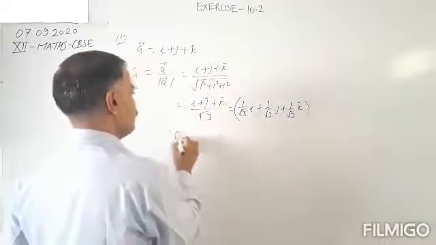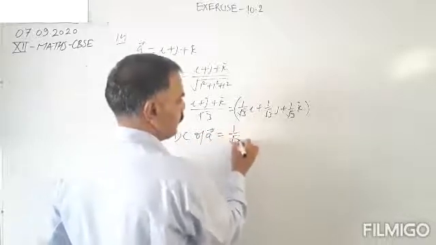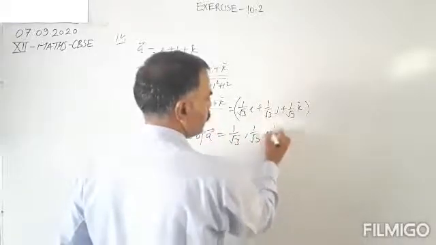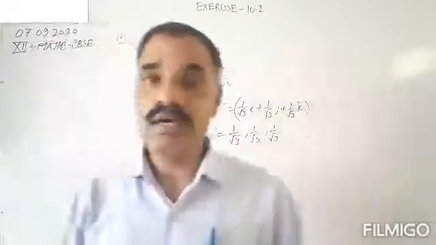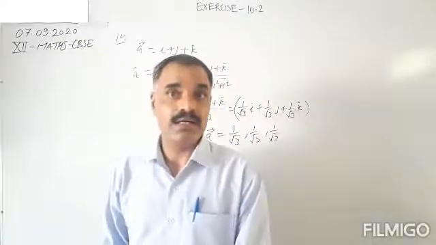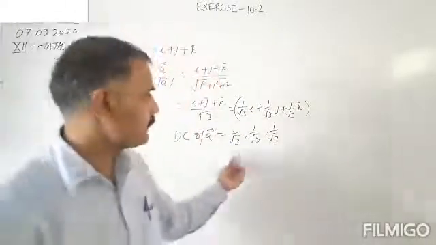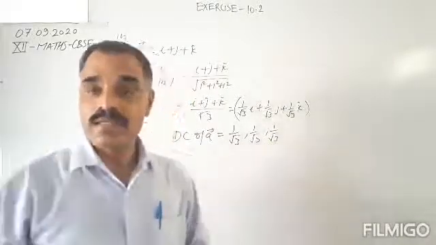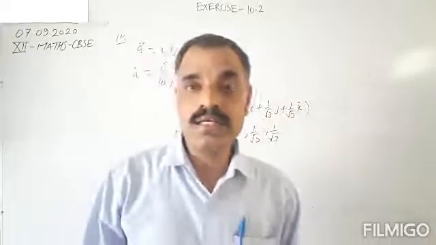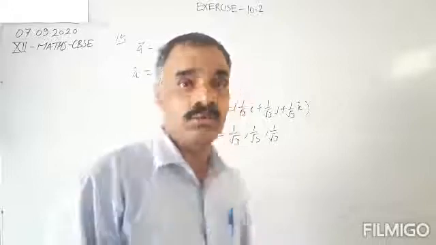So the direction cosines of the vector are 1/√3, 1/√3 and 1/√3. Here we observe that the direction cosines are the same. That is why the vector is equally inclined to the axes OX, OY and OZ.